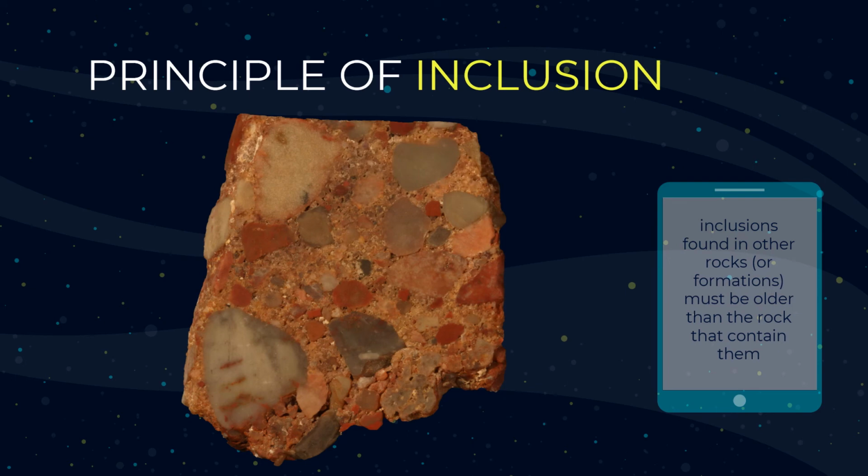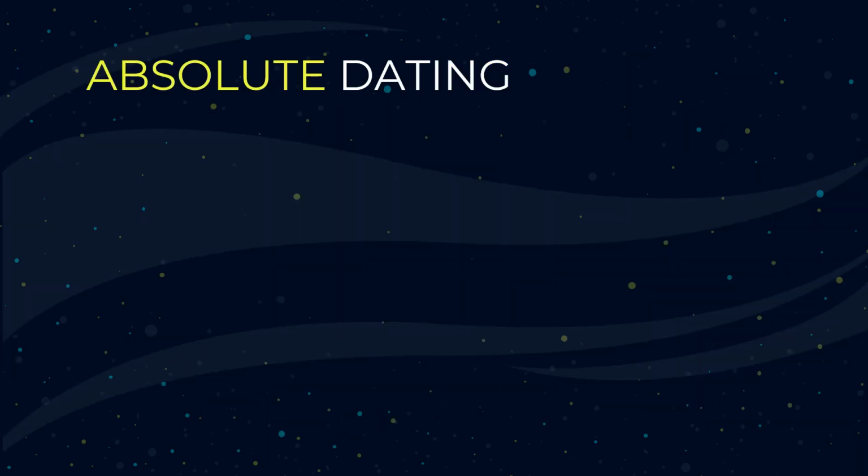So basically, all you have to remember is that the one being included is older than the one that includes it. The one that is embedded within is older, and the one that covers it is younger. So that is inclusion.